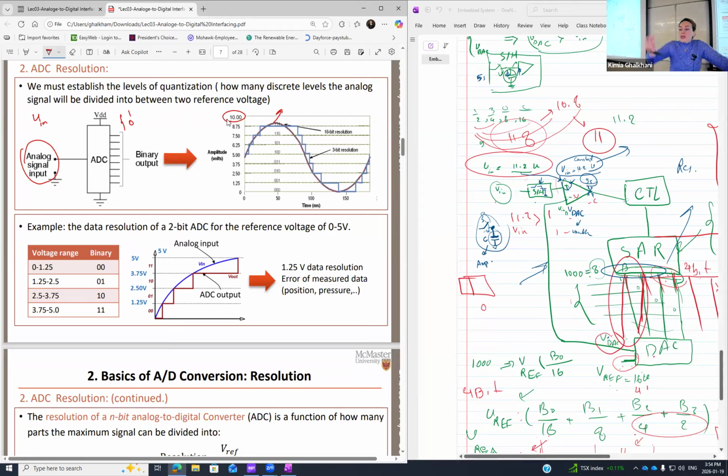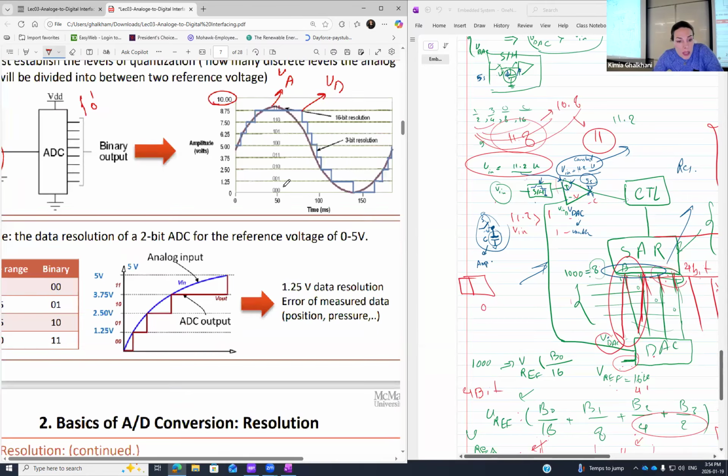This pinkish, reddish, whatever color, is my analog voltage. This step one, this blue one, is my digital voltage. Make sense? So I'm converting this constant analog to this combination of 0 and 1 in digital.